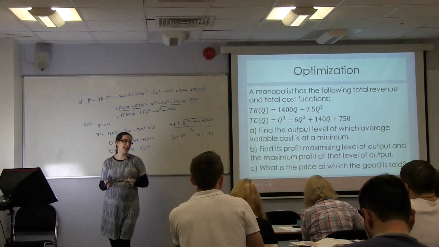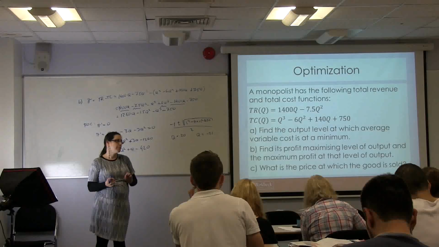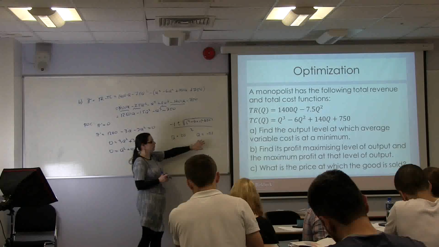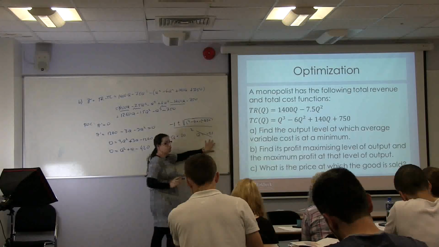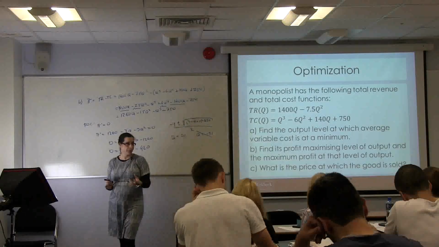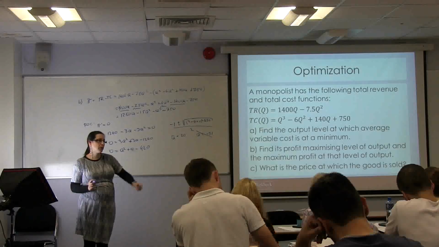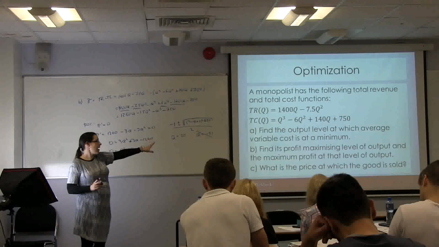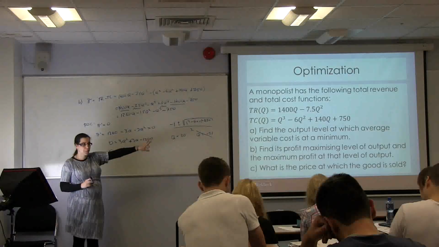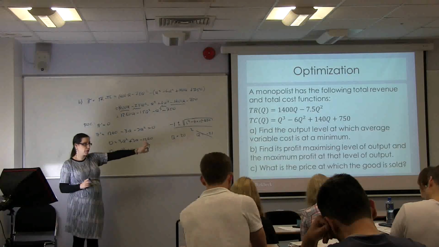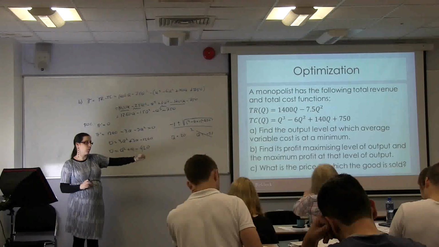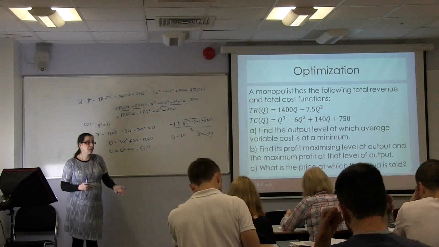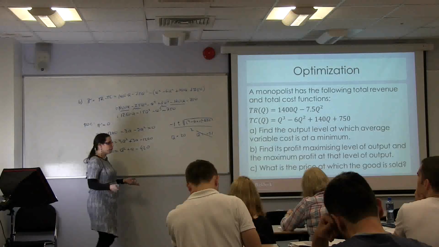Now I ended up with Q being 20 and Q being minus 21. What can I straight away say? Okay, quantity can't ever be negative, so that's not a root that is useful for me. It's either a minimum or a maximum or a stationary point of inflection as far as the function goes, but it's a practical example, so I'm not interested in negative levels of output because I can't ever have them.